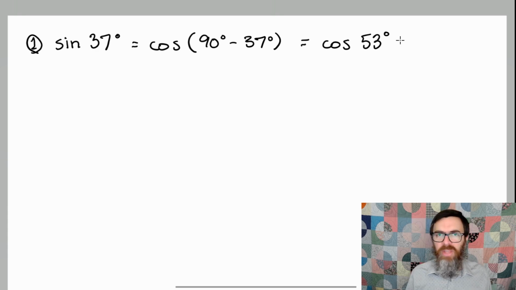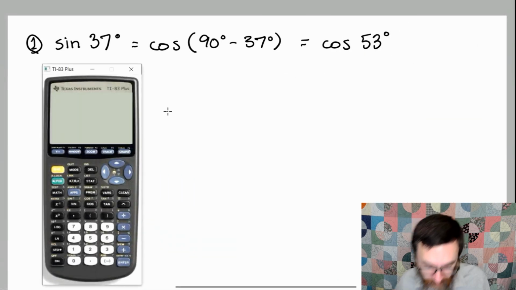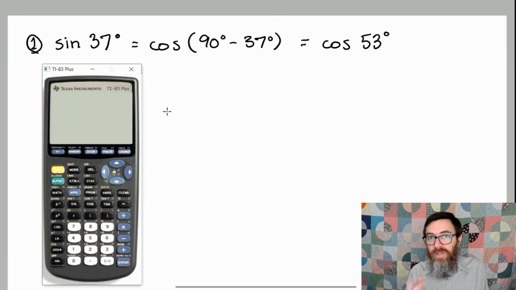And we can easily check that by going to a calculator and see, oh yeah, the sine of 37 equals the cosine of 53. Let's do that. So this is what your TI-83 should look like, or even a TI-84. The button layout is still going to be very similar to this.